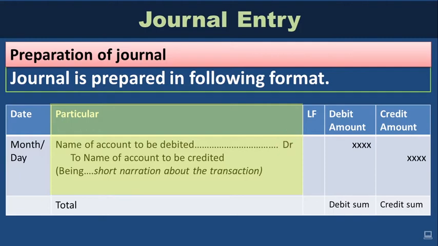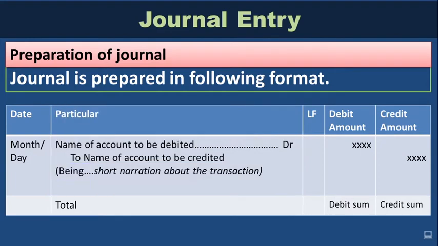The account to be credited, preceded by the word "To", is written leaving a few spaces away in the next line. The brief explanation about the transaction, known as narration, is also written below the line giving credit to the account. The narration is enclosed by brackets, starting with "For" or "Being".